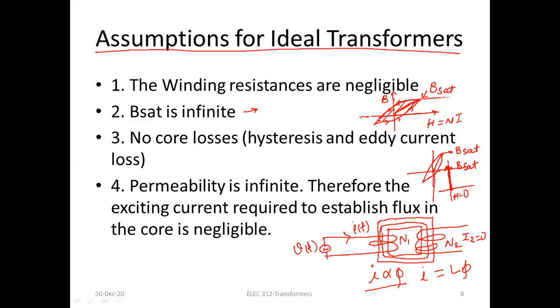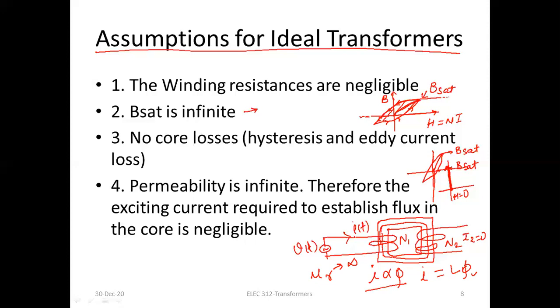If the relative permeability of this material is infinite, it means whatever flux is produced by this current, all the flux will go here. There will be no leakage flux.